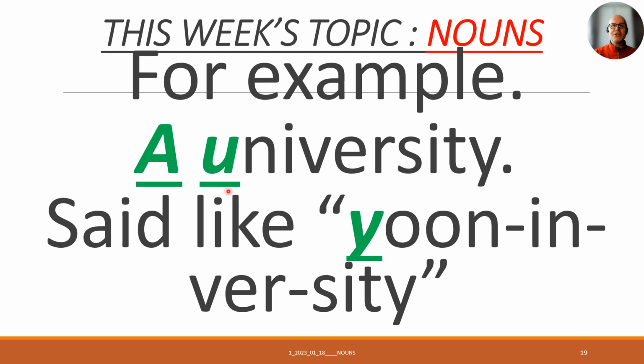When you say the word university, you say it like it starts with a Y. If you break up university into syllables, university. So you actually say university like it starts with a consonant. A university. An university would be wrong. It just wouldn't sound right.